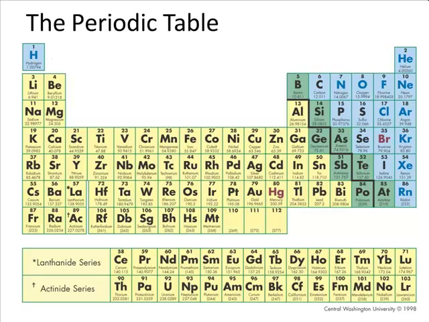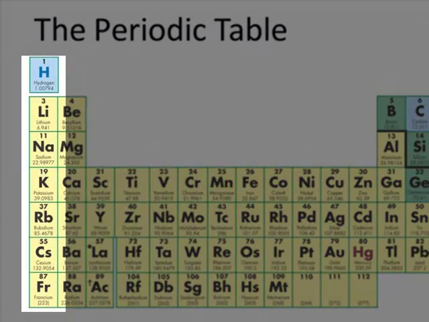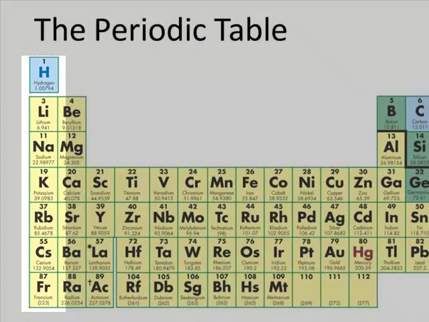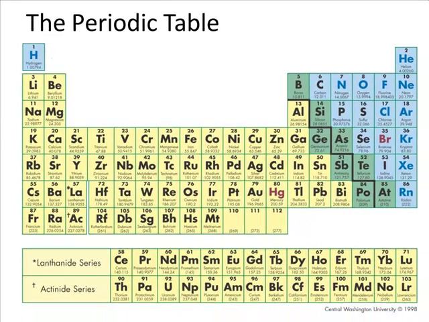If we go to the first column on the periodic table, this is equivalent to saying the first column of Mondays. And just like every Monday you have a similar schedule with small variations, all of the elements in this first column will be chemically similar to each other. So in this way, the periodic table notices and uses and takes advantage of similarities and periodic trends in the elements.